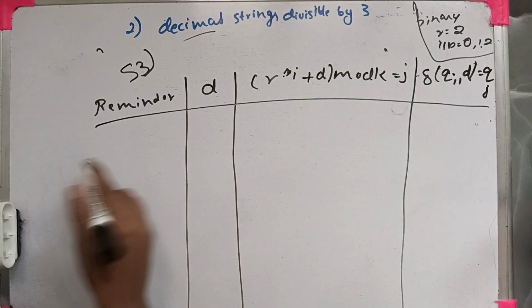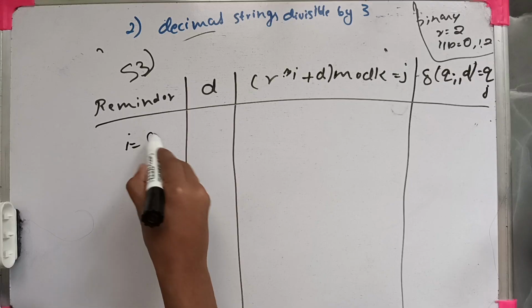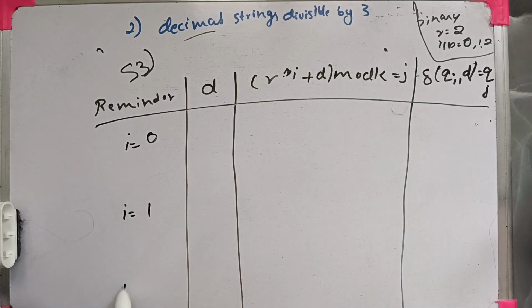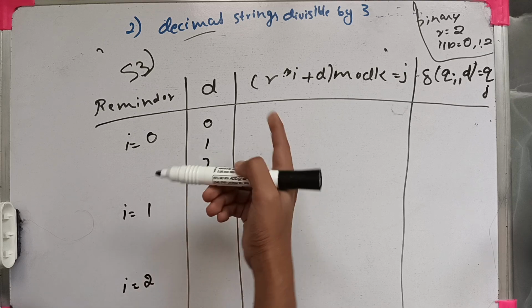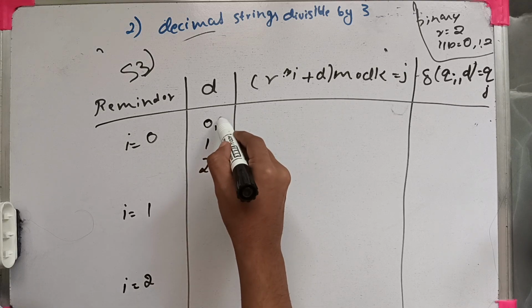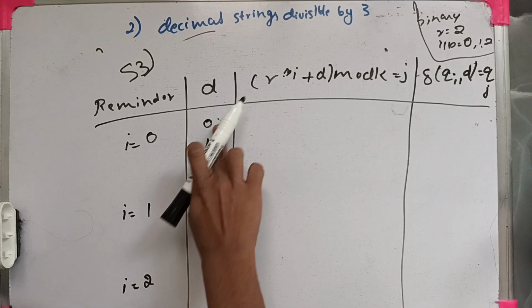Okay, we have 3 remainders, that is 0, 1 and 2. Next, d is 0, 1, 2, and note that 0 means 0, 3, 6, 9, 1 means 1, 4, 7 and 2 means 2, 5, 8.